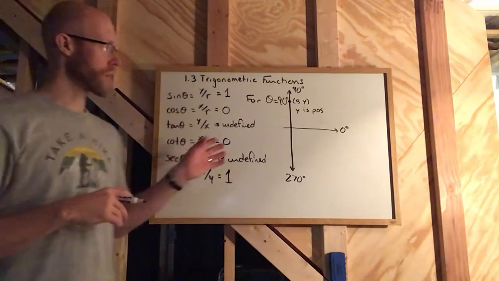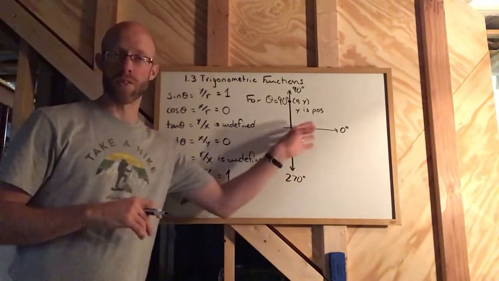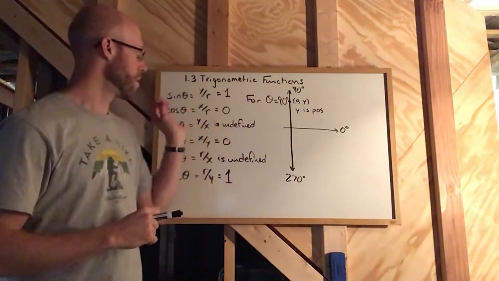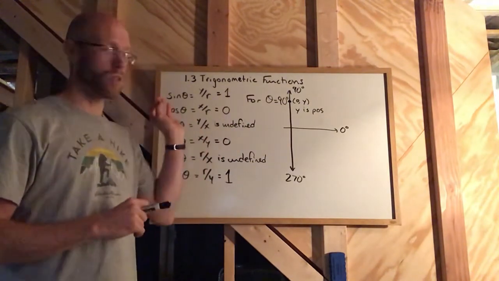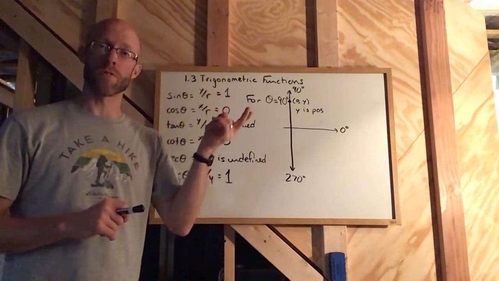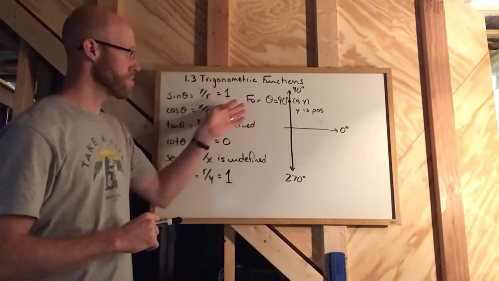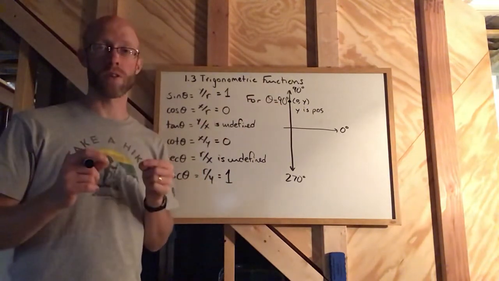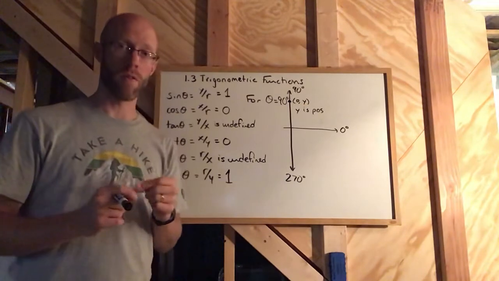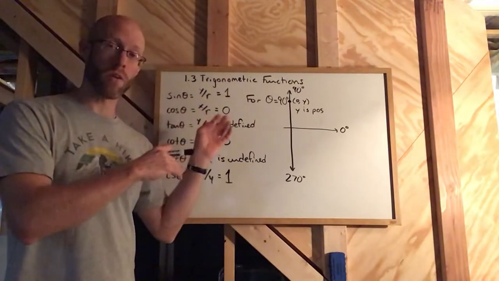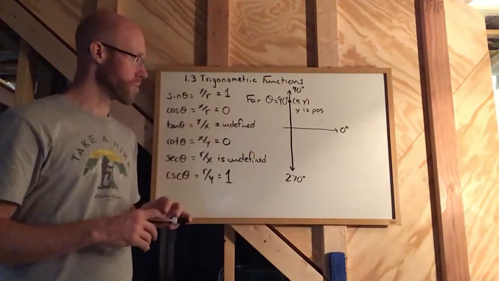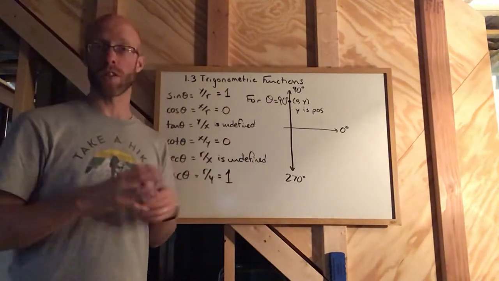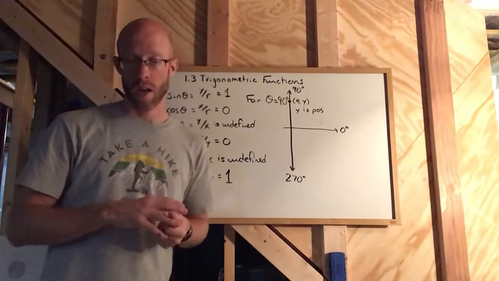And you could go through the same logic for 180 and 270 and 0. Basically, you figure out which variable is 0 and which two variables are the same. In this previous example of 90, the y and the r were the same, and the x was 0. And then you just plug in where they go, and you can determine the value for the trig function on those quadrantal angles.